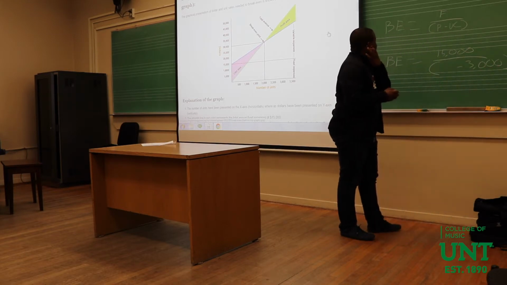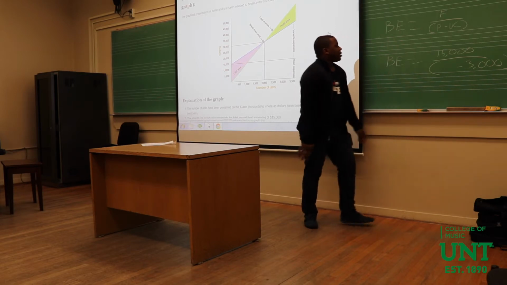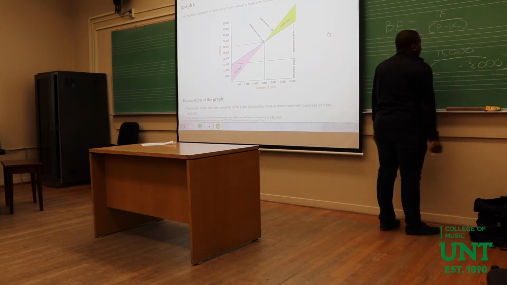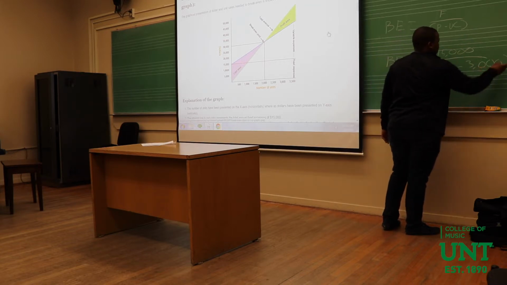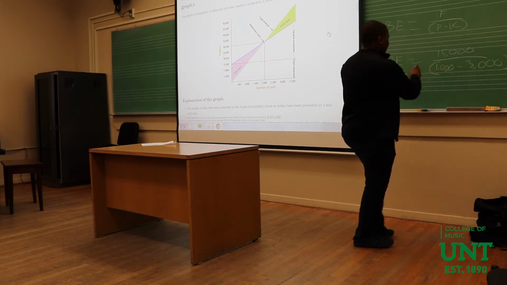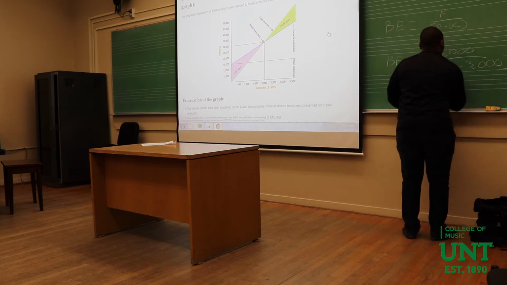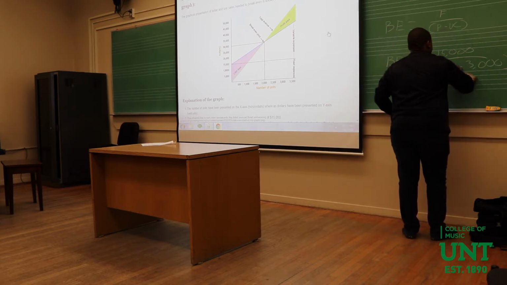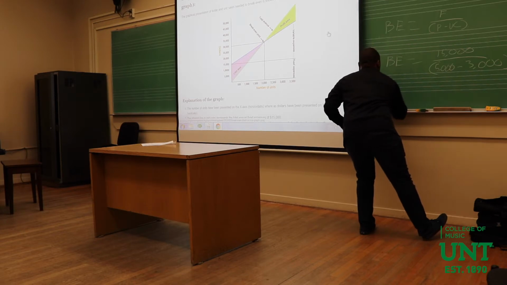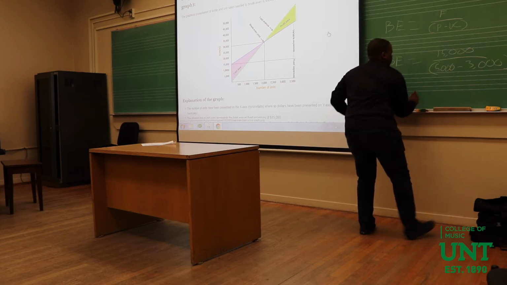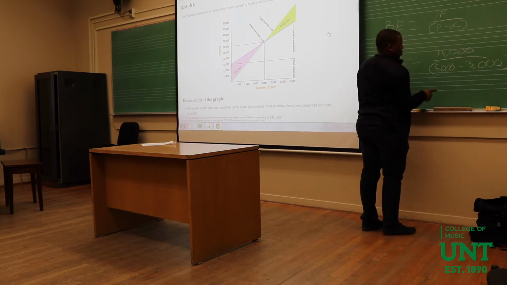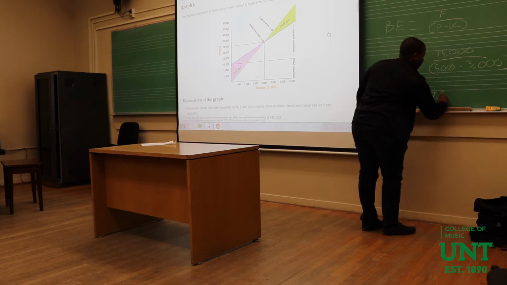And your price for the object, or for the price in general, let's say... So that would be 15,000 over 2,000, which I believe is 7,500.